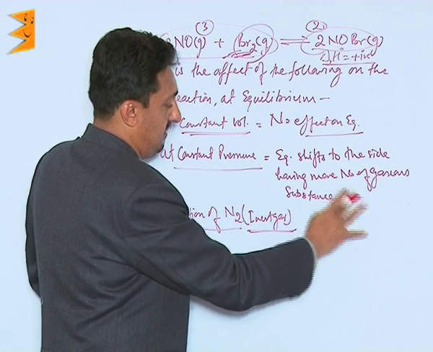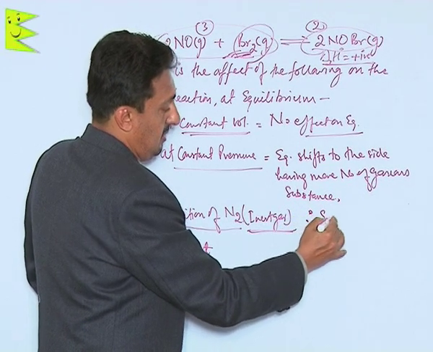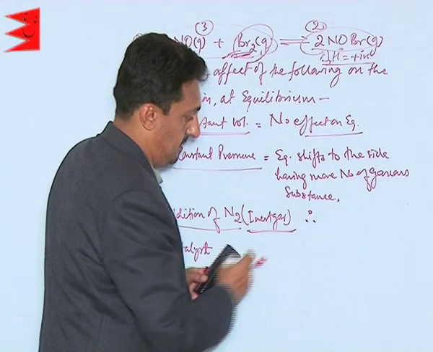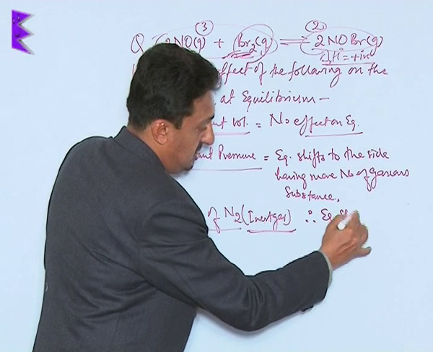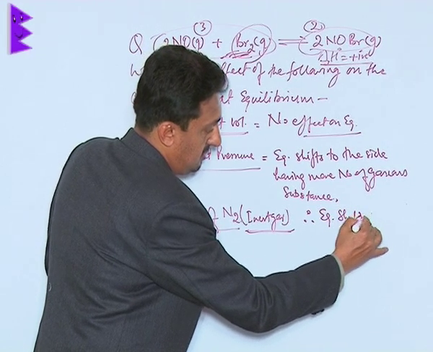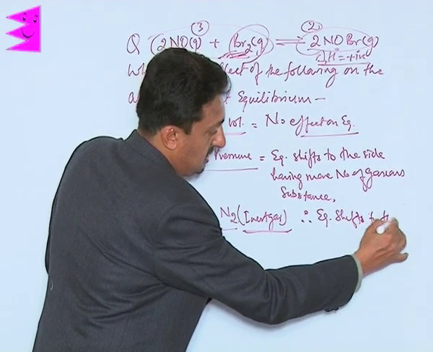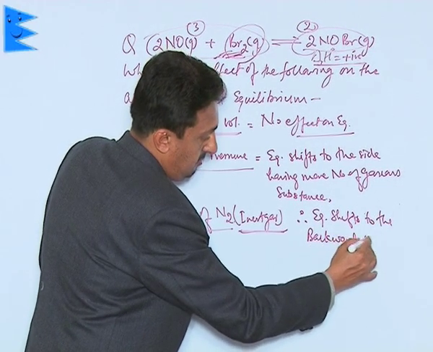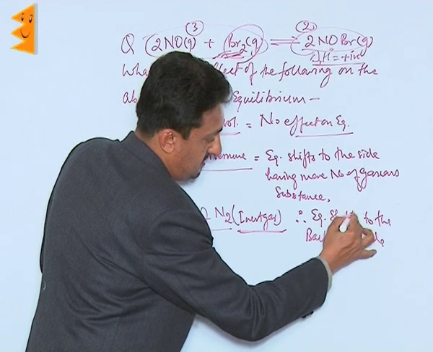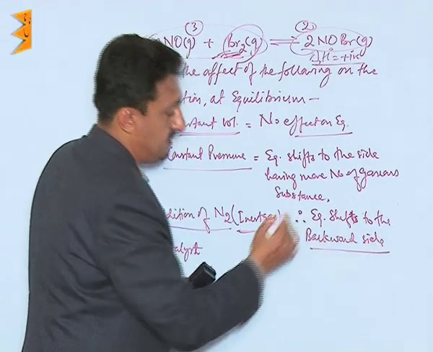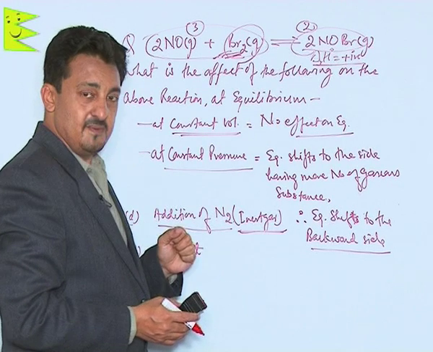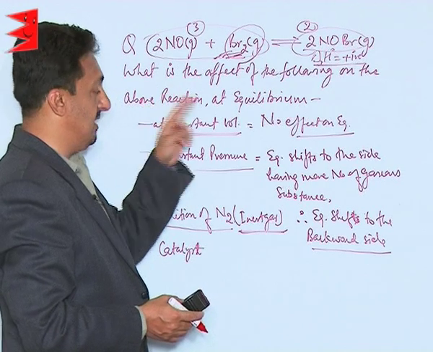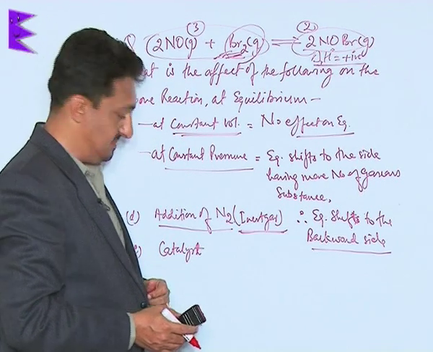Therefore, what we can simply write is equilibrium shifts to the backward side. It moves towards the backward side because the backward side, the reactant side, contains more number of moles of the gaseous substances.